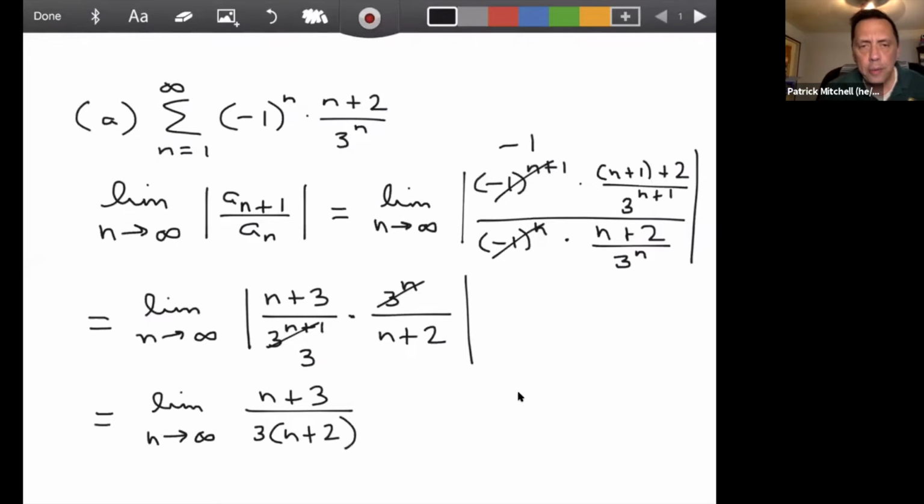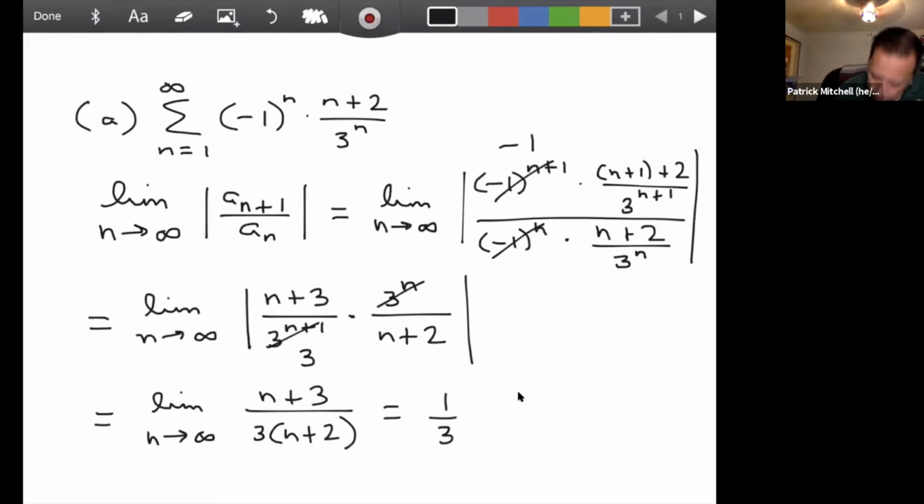All right, and so by that Calc 1 shortcut about rational functions, limits at infinity, we just look at the ratio of the leading coefficients, because the top and the bottom are both degree 1. The leading coefficient upstairs is 1, leading coefficient downstairs is 3.